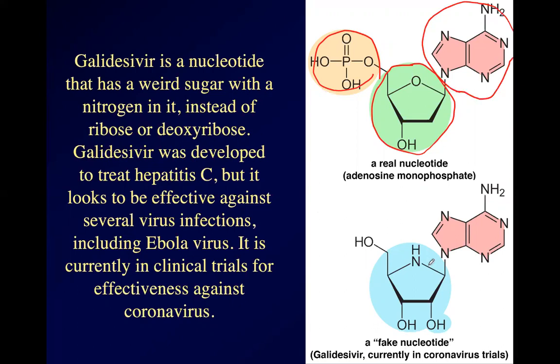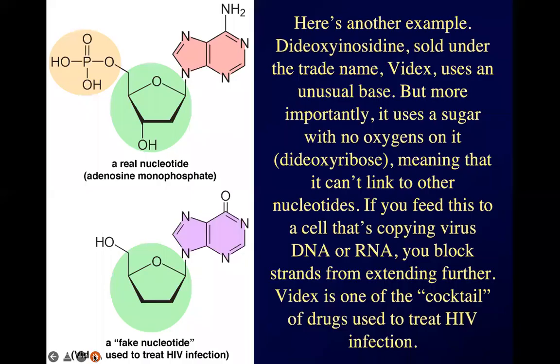Down here, we've got a fake nucleotide that has adenine, but instead of being the normal sugar, it's a sugar that's got this weird nitrogen stuck onto it. The name for this is galidesivir. It looks like it's effective against several virus infections, and I'm not sure of the results, but it was put into clinical trials for effectiveness against coronavirus.